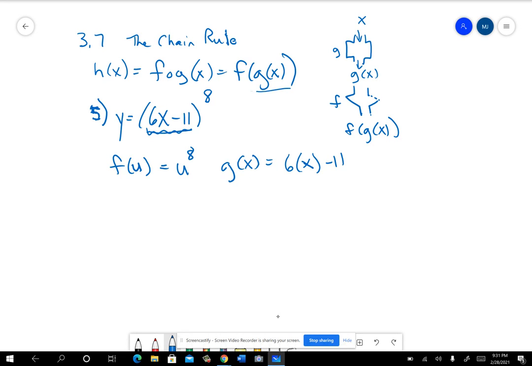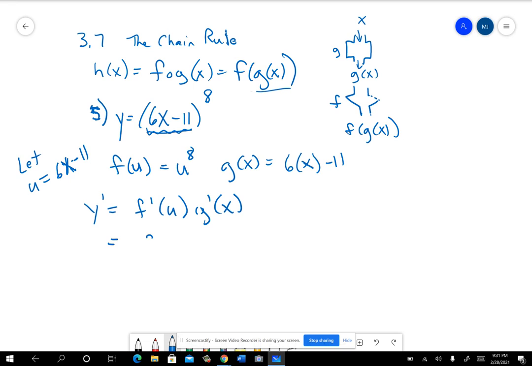One way of thinking about it is to let u equal 6x minus 11. Then you do the derivative by taking f prime of u and g prime of x, and then you replace the u when you get finished.